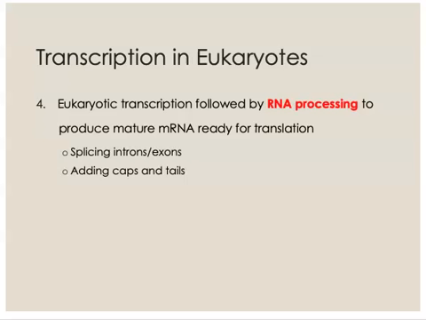It's going to have what's called a cap and a tail added onto it. We don't see this in bacteria. We don't see this in prokaryotic cells. There's a little bit of processing that happens in a prokaryote, but in a eukaryote, it's quite extensive.